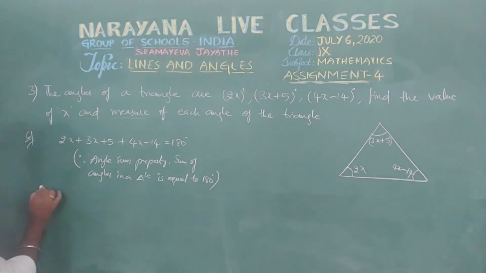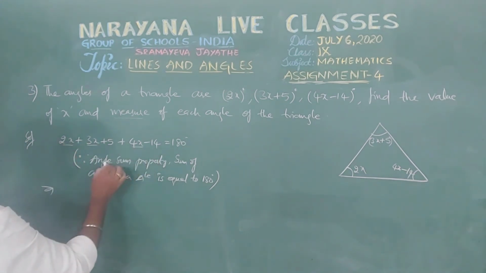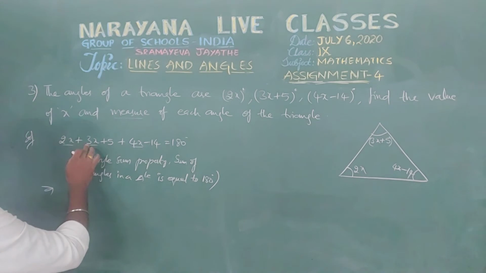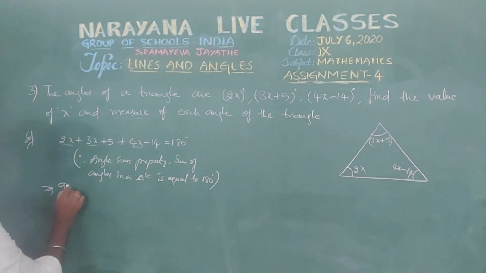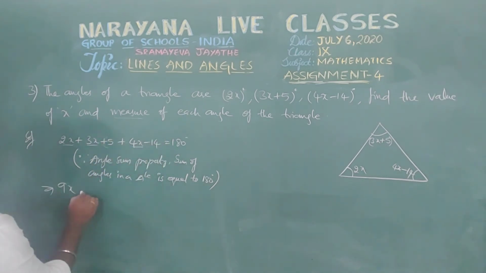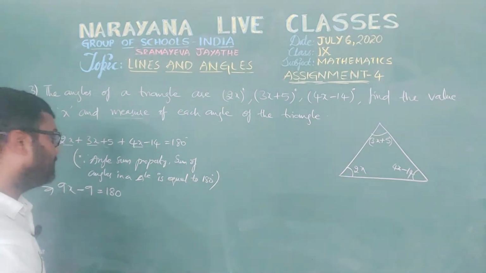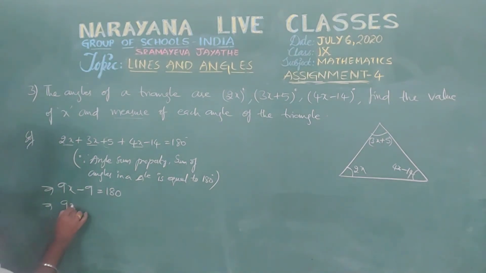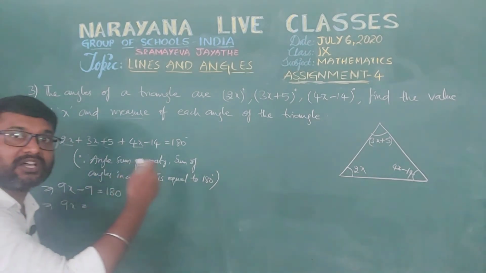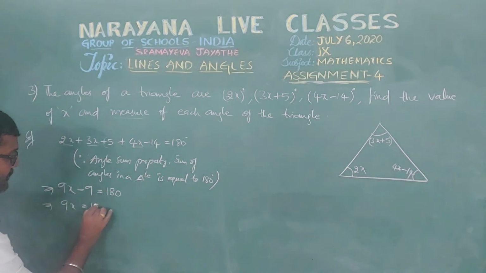So now 2x plus 3x plus 4x, nothing but 4 plus 3 is 7, 7 plus 2 is 9x, and here 5 minus 14, that is minus 9, is equal to 180, isn't it? Now 9x, when minus 9 is transposed to RHS, it becomes plus 9, that is 180 plus 9.